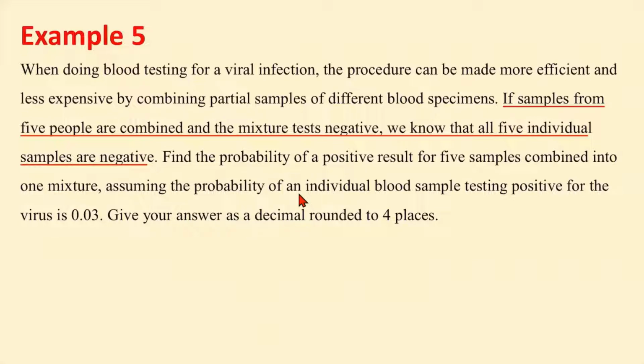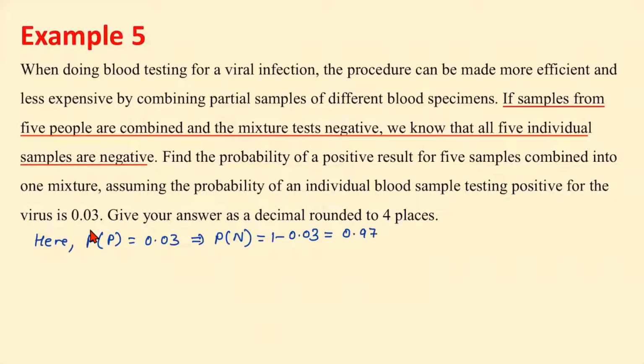Assume that the probability of an individual blood sample testing positive for the virus is 0.03. So the probability that someone tests negative is 1 minus 0.03, which is 0.97.